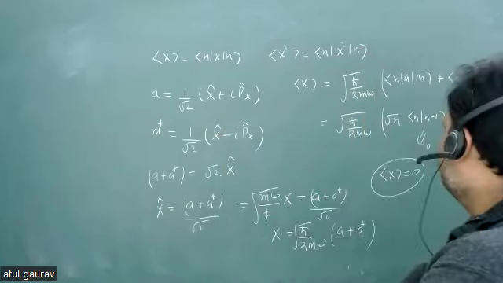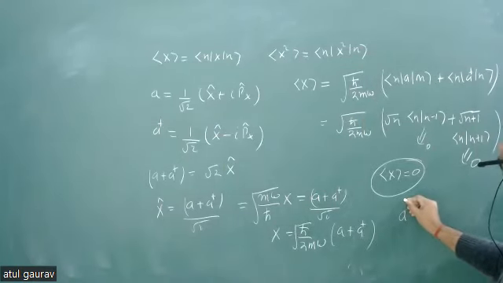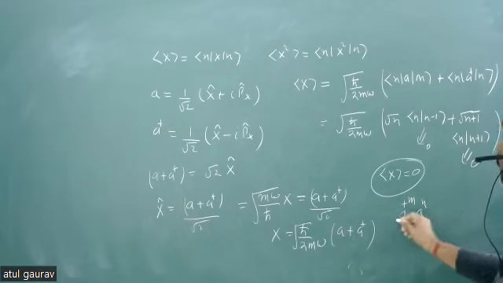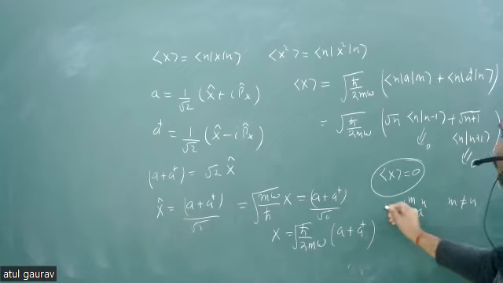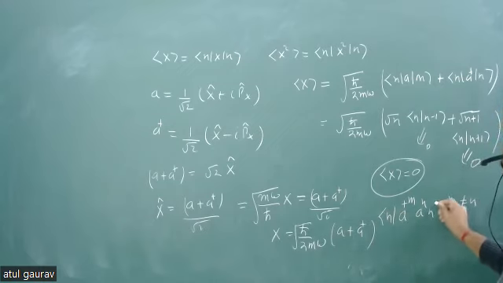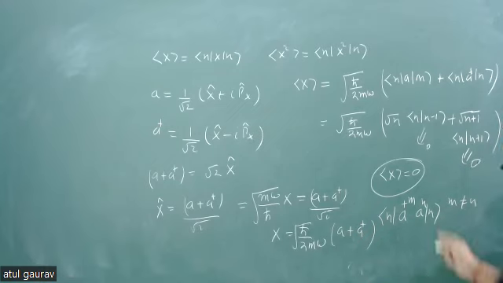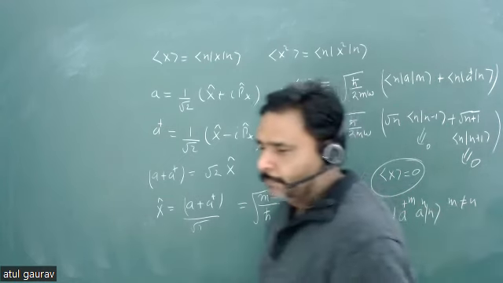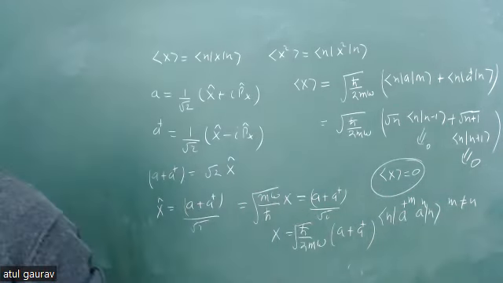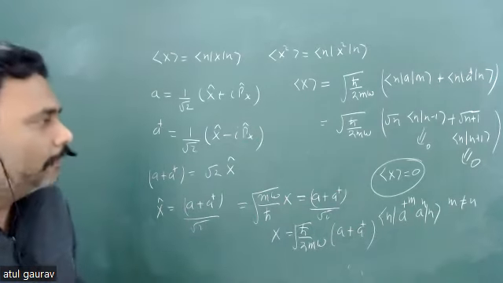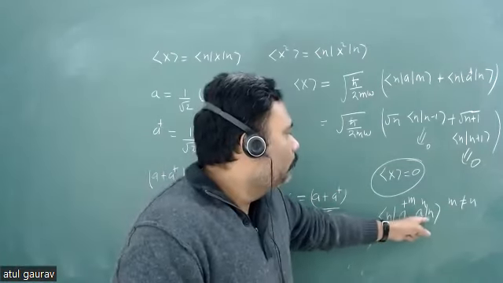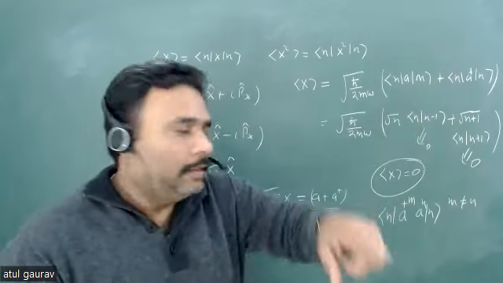Now can you please tell me what will happen to A dagger to the power m and A to the power n if m is not equal to n? Can you tell me what will be this value? So 0. That will be 0. Why? Because you are lowering n.